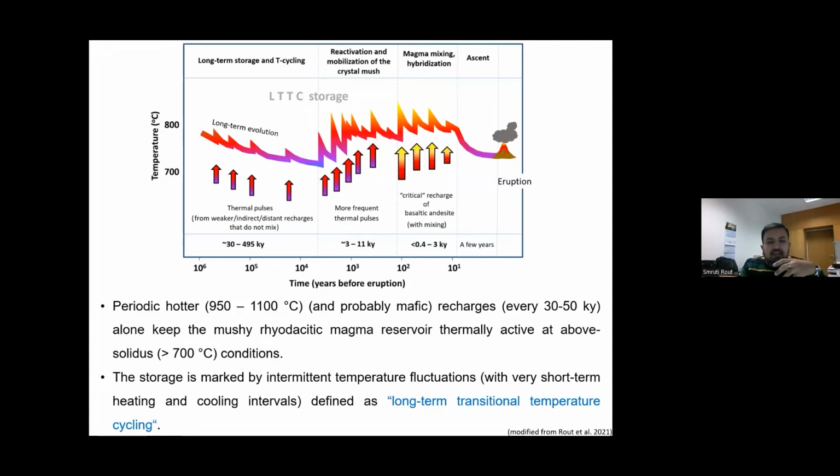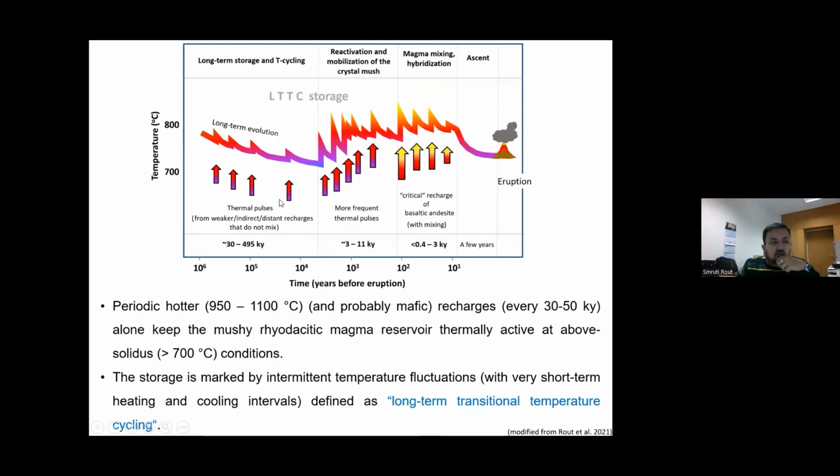So we see that periodic hotter recharges alone keep the mushy rhyodacite magma reservoir active for a long time at above solidus temperatures.